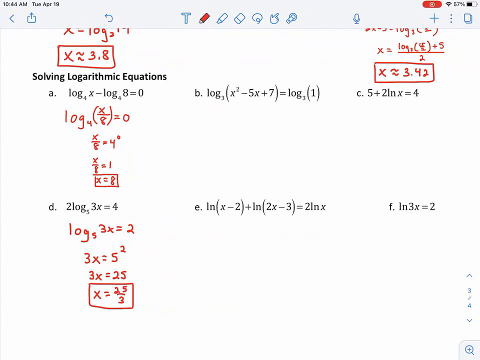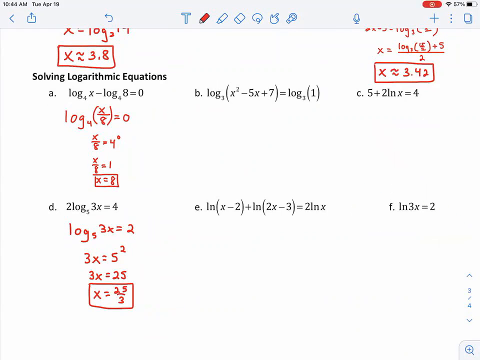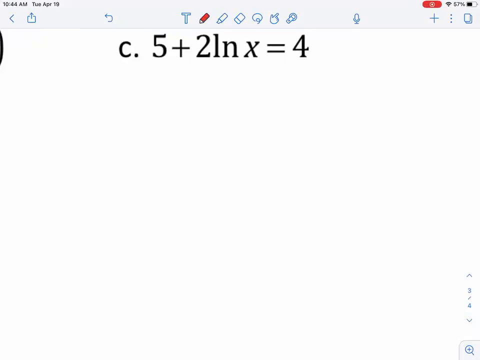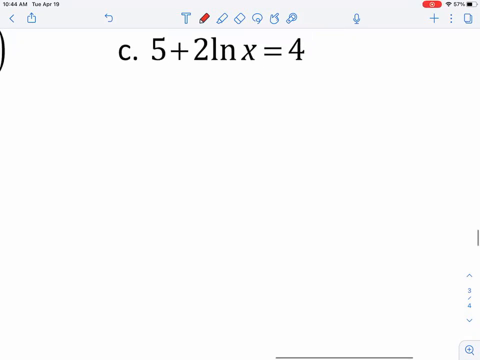All right, my plan is to do C and to do F also. So please make sure you guys ask questions, because I'm going to then turn you loose after that. So let's do part C here. The first thing I want to do is get the log part by itself. So I'm going to subtract 5 from both sides.